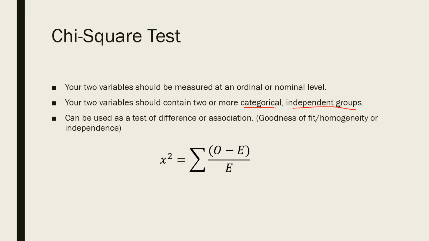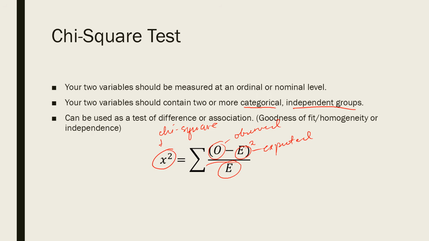Now, looking at the formula for chi-square, by the way, this is a symbol we use for chi-square. It is simply the summation of the observed minus the expected over the expected value. Okay, so I forgot to add the squared here. So, kailangan may squared pa po yan.